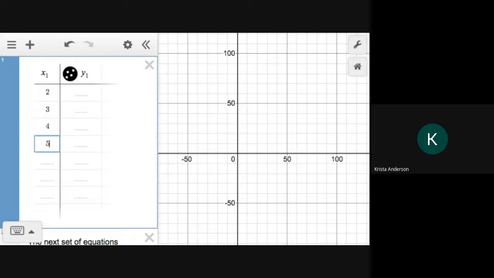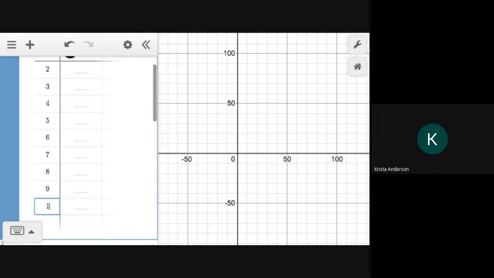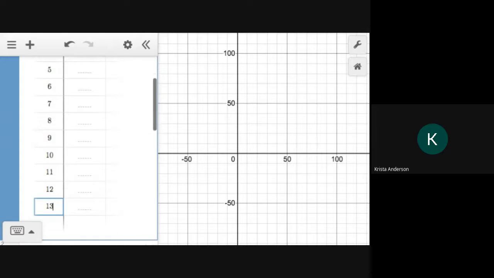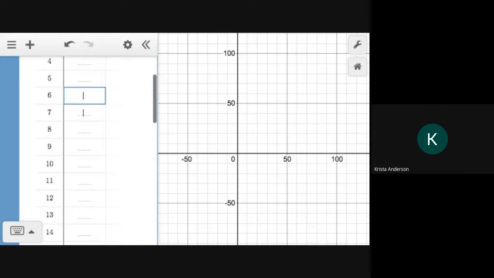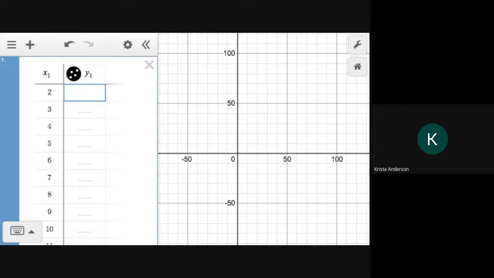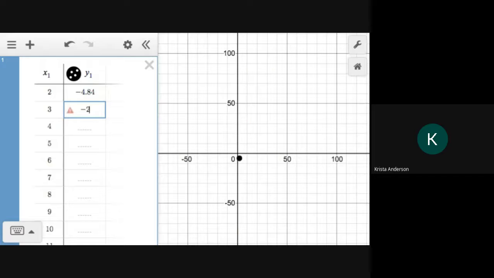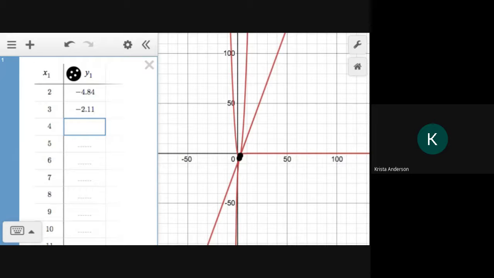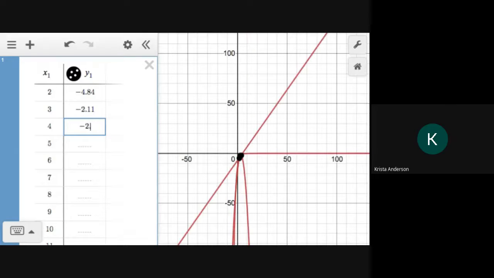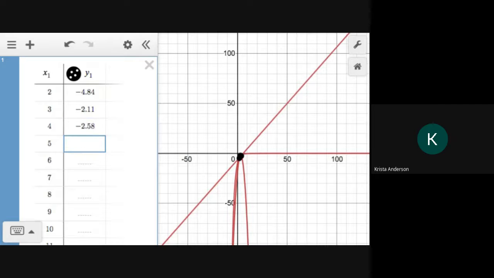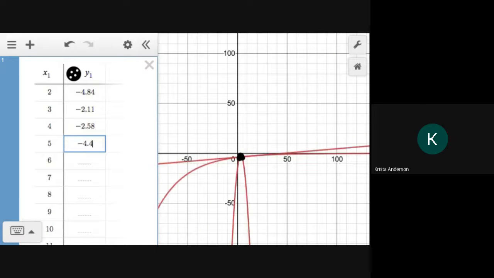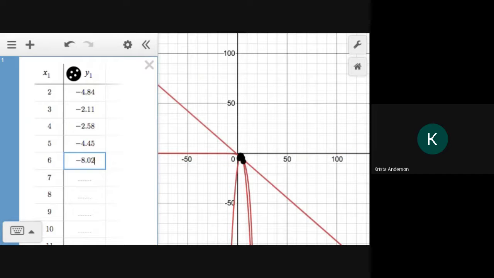2, 3, 4, 5, 6, 7, 8, 9, 10, 11, 12, 13, 14, 15, 16. Negative 4.84. You let me know if I make a mistake when I type it. 2.58. Negative 0.02.